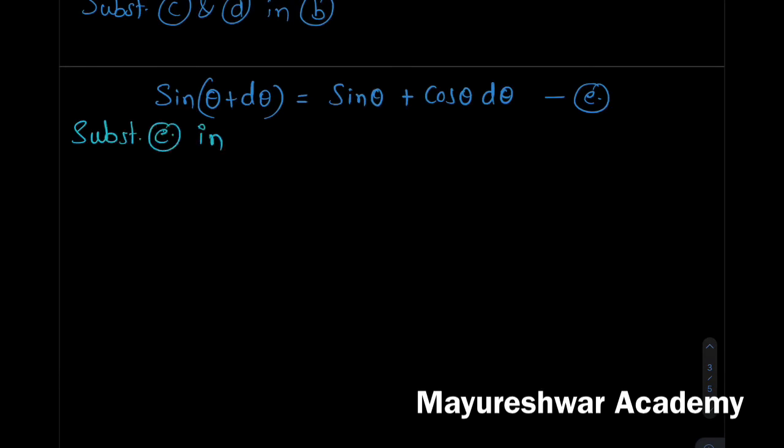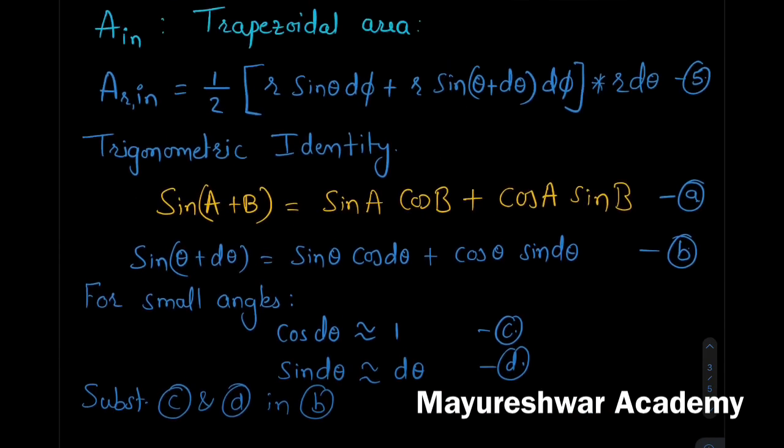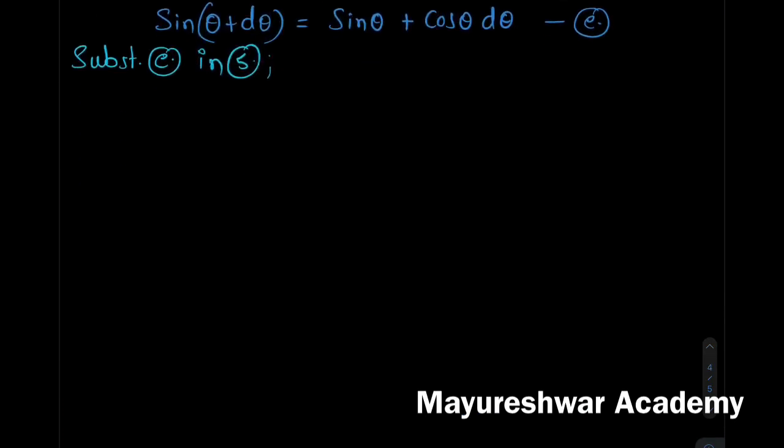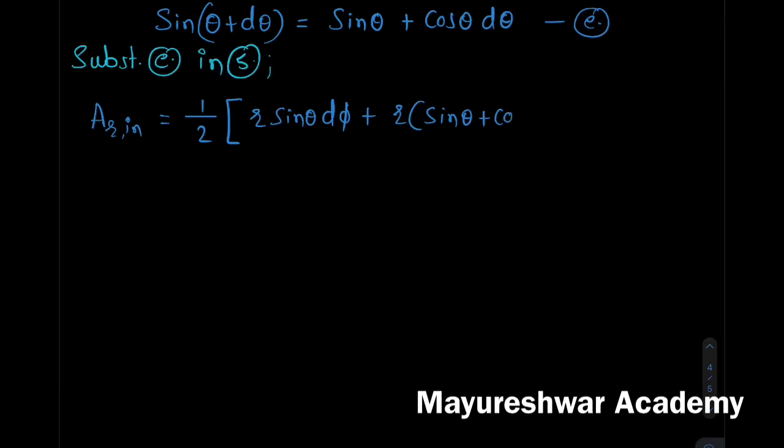So now substitute this equation E in the fifth equation. So we have the radial area along the incoming direction as 1/2 of r sine theta d phi plus r sine theta plus cos theta d theta, into d phi, multiplied by r times d theta.